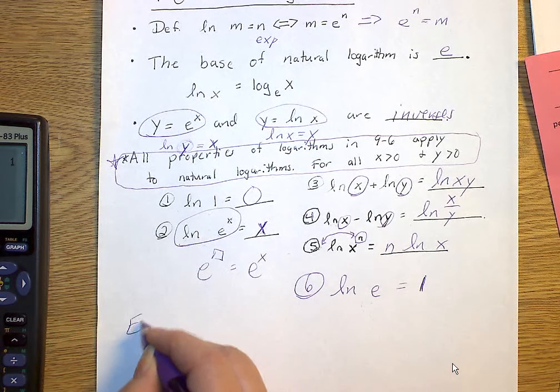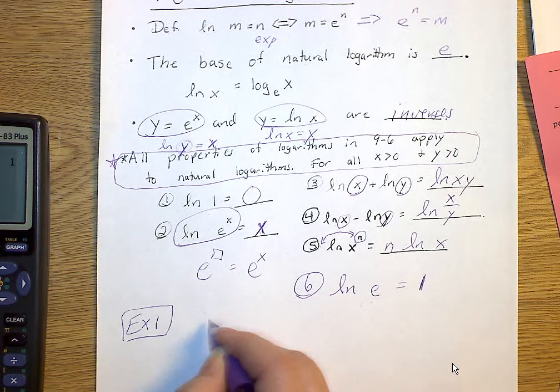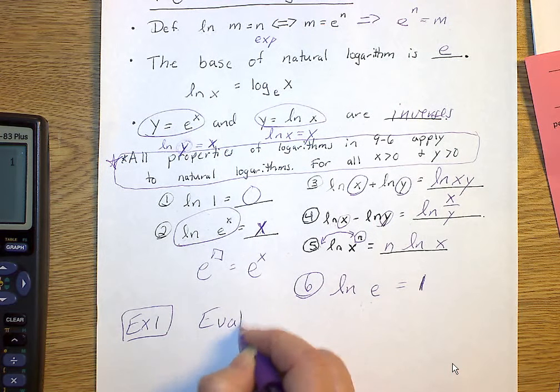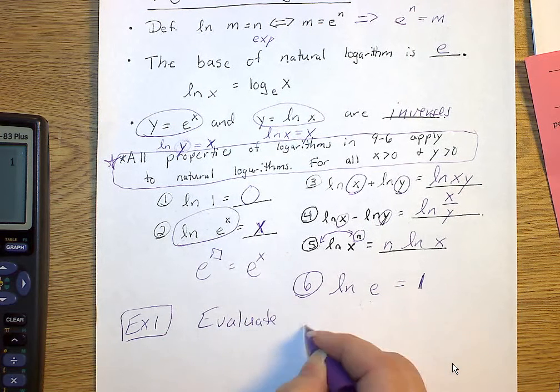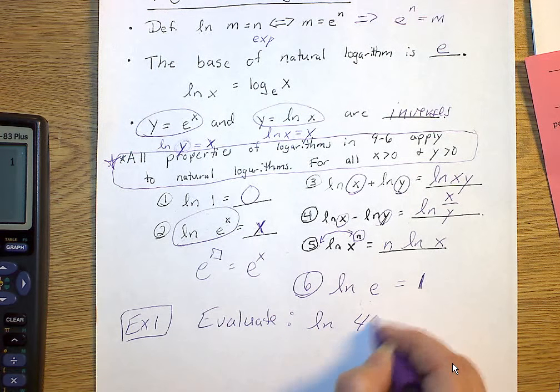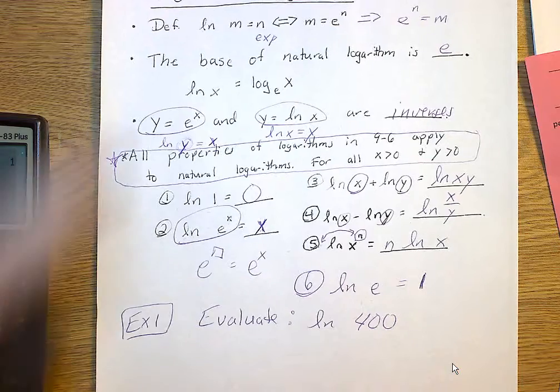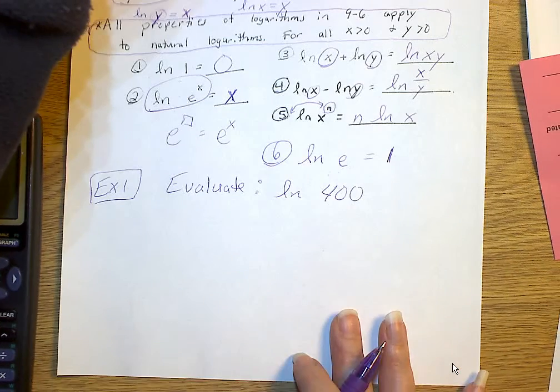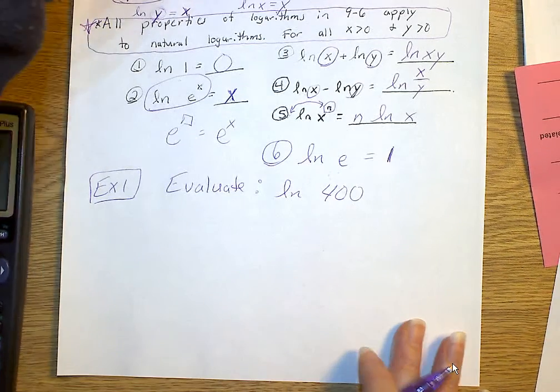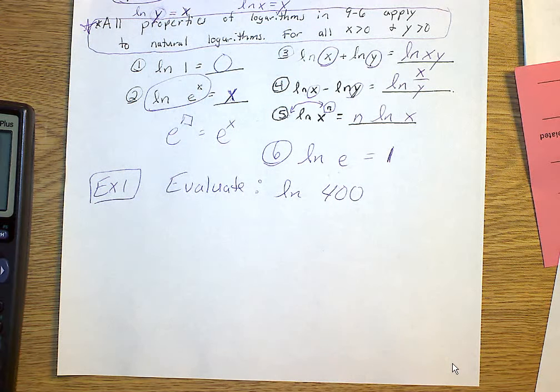Example 1. Evaluate ln of 400. How can we evaluate this?